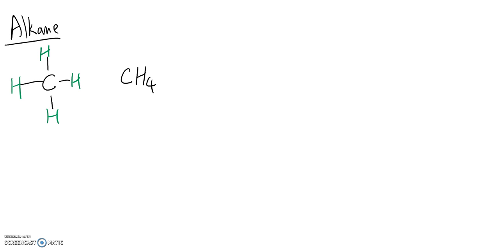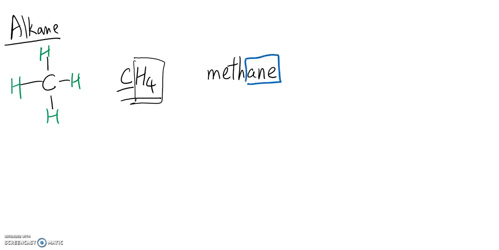Or sometimes we refer to this CH4 also as the structural formula, because this one means that this carbon is attached to 4 hydrogens. So for this compound, we have a common name. We call it methane. Methane, A-N-E, refers to the homologous series alkane, A-N-E at the back.